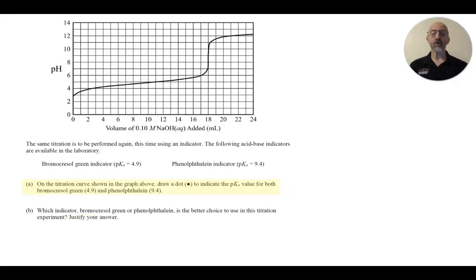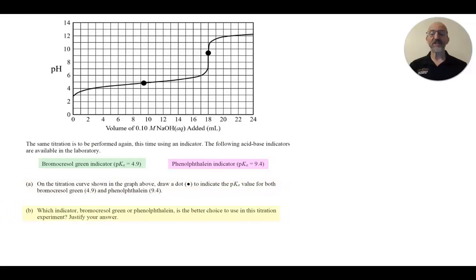So for bromocresol green, I will put a dot on the titration curve, which is located at 4.9, so right about here. And for the phenolphthalein indicator, I will put a dot on the titration curve, which is right about 9.4, or right there. Hopefully you can see that we are shooting for the equivalence point, not the half equivalence point, but the equivalence point.